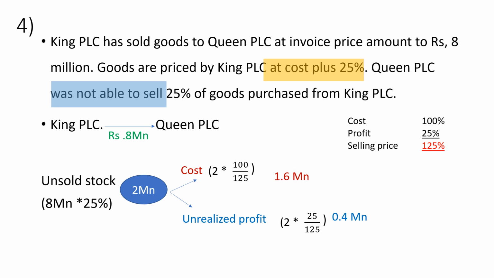Then for the unrealized profit, we have to take 2 million into 25 divided by 125. So the unrealized profit is 0.4 million. Now you can remember in this question, we have taken all the values in thousands. Therefore, we have to convert these values into thousands in order to calculate the statement of financial position.